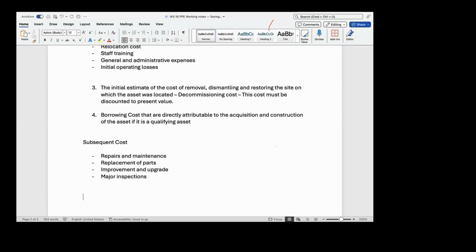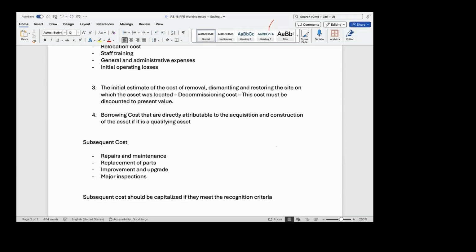Now, the standard says that subsequent costs should be capitalized if they meet the recognition criteria.